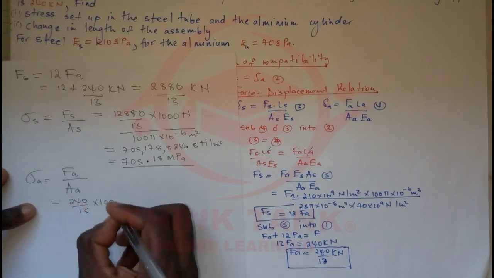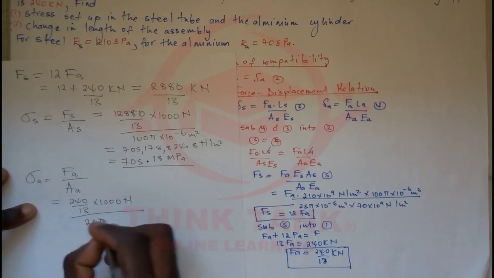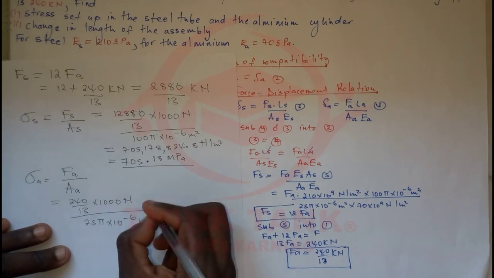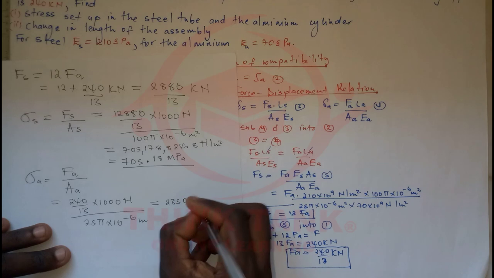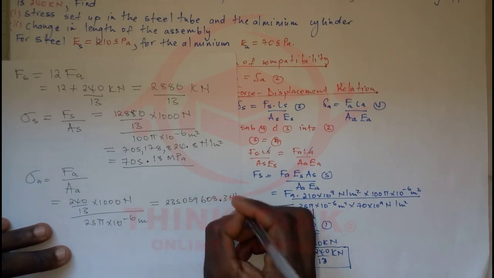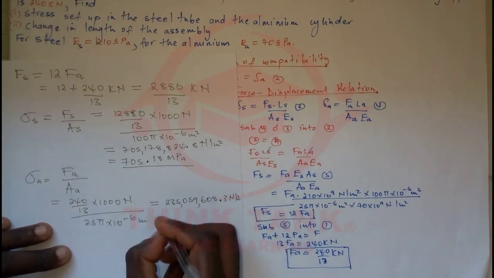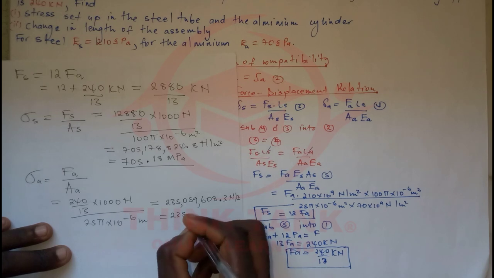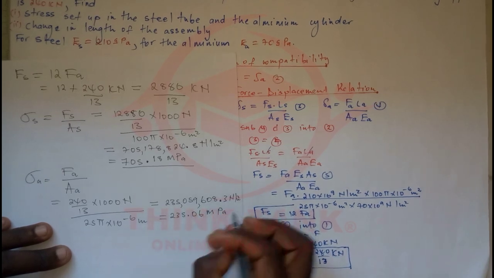We're going to change it to newtons and divide this by 25 pi times 10 to the power negative 6 meters squared, which is the cross-sectional area. If we do that, we're going to get 235,059,608.3 newtons per square meter. By changing it to megapascal, we're going to get 235.06 megapascal.